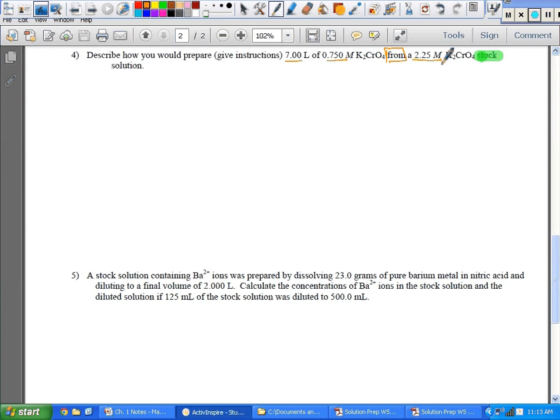So what would you use here? Very good. You have to use MSVS equals MDVD. Now, the good news is, because of that word stock, you now know which molarity is applied to the stock.